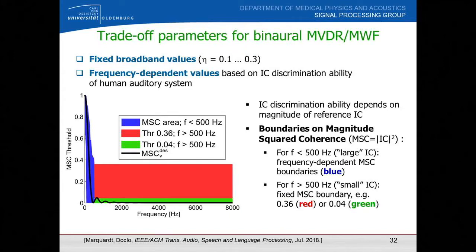No. There the aim is just to preserve as well as possible the auditory impression of this diffuse noise. Of course you could go further and say, I don't really care too much there, and I want to have maximum noise reduction. So it doesn't say anything about this trade-off.